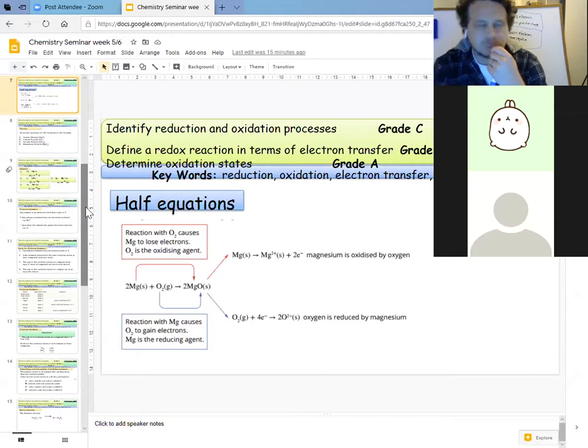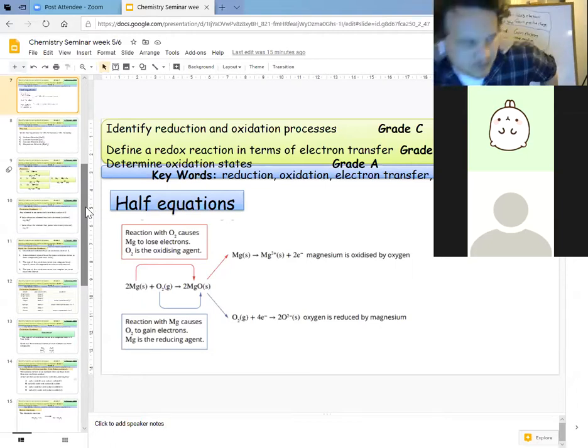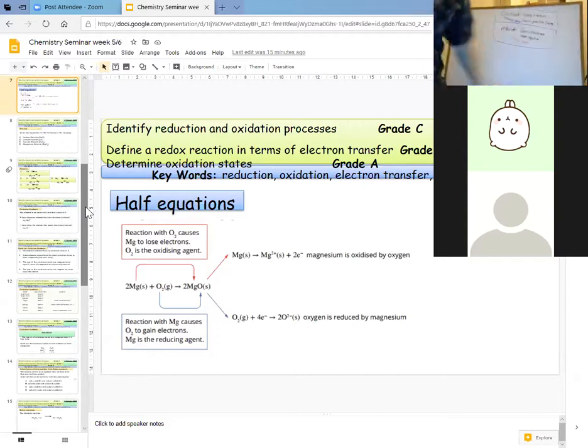We need to split it into, remember, we have an oxidizing reaction and we have a reducing reaction. So if your brain works in logical steps, this should be enjoyable for you. And then we'll put all of this together at the end. It will take 4 or 5 whiteboards to get through to the end.